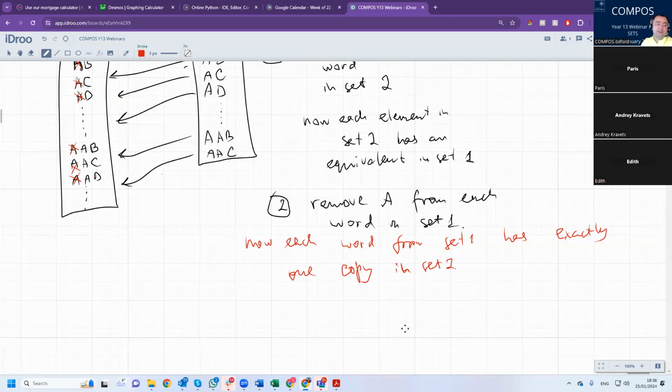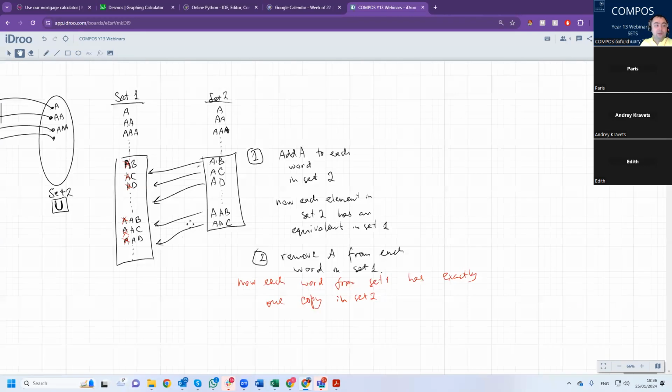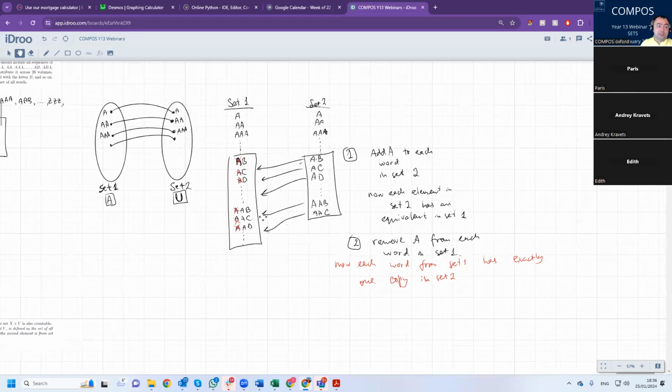Basically, we have created a function, which is a mapping. We have created a mapping which is bijective. That means it's a one-to-one mapping, and therefore the number of words in book A and in the whole dictionary is exactly the same.